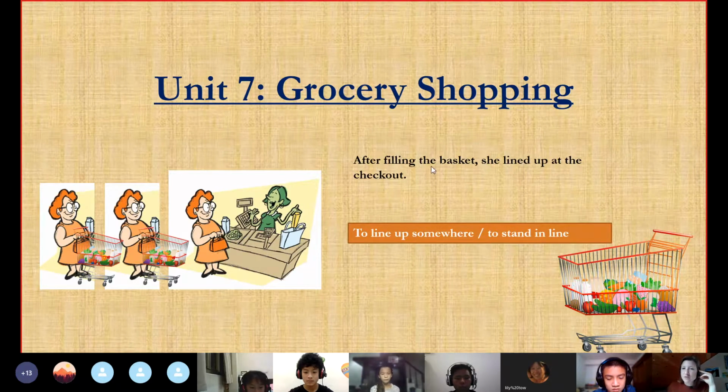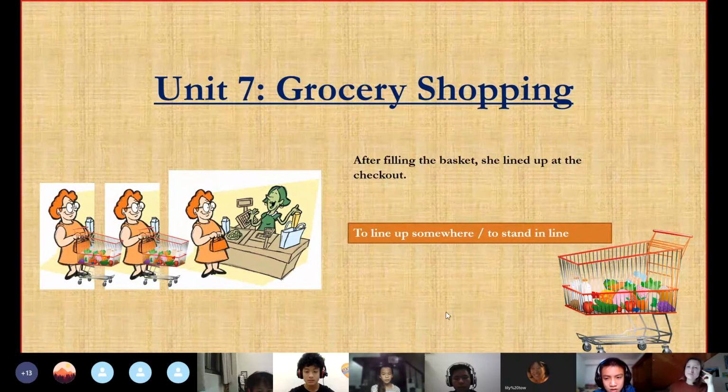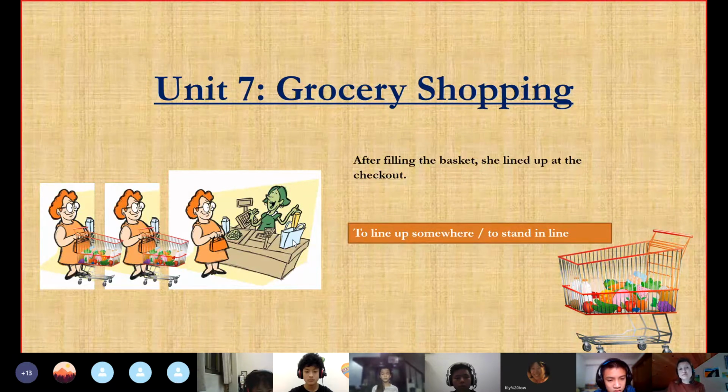After filling the basket, she lined up at the checkout. Okay, so what can we see here in this picture, Barry?